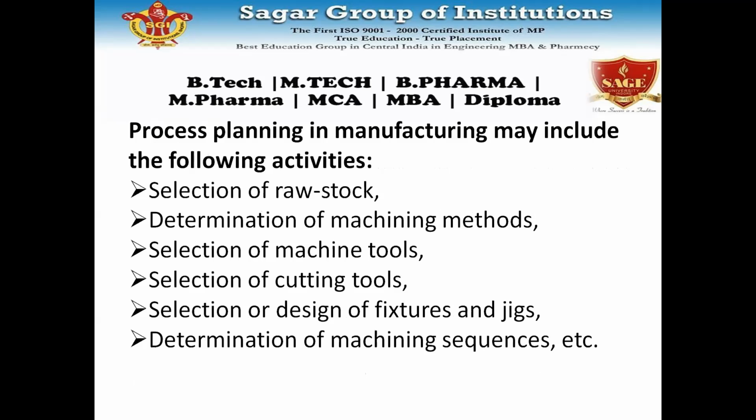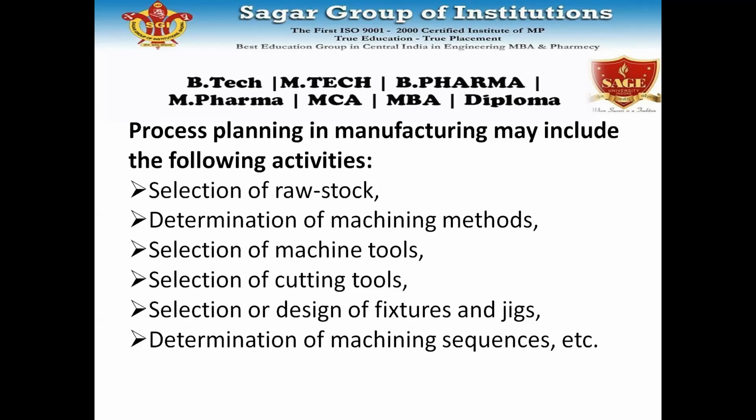Then we have to select the appropriate cutting tools. Then if fixtures and jigs are required by the process, we have to properly select and design them for the specific applications. Then determination of the machining sequence required during the process is very important.